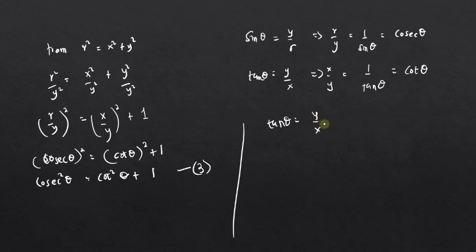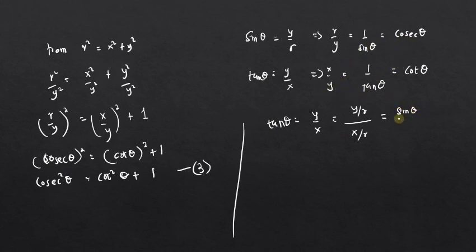But we know that y over r is sin theta, and x over r is cos theta. So this will give us sin theta over cos theta. And this is our fourth basic trig identity.